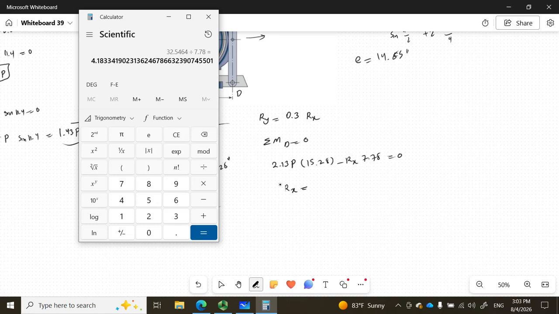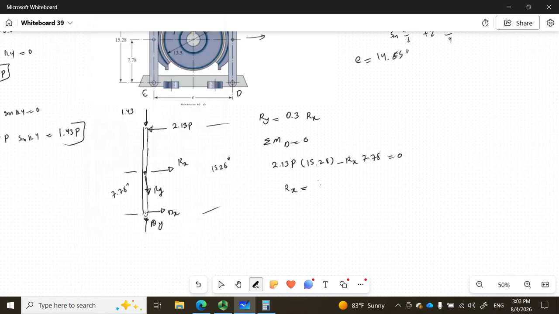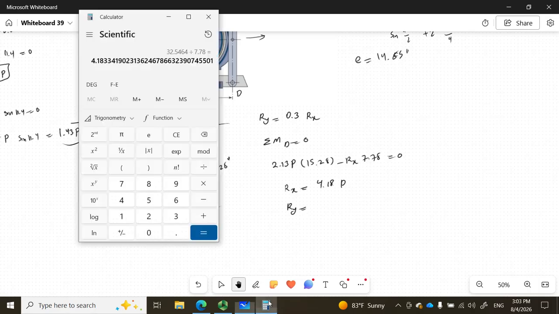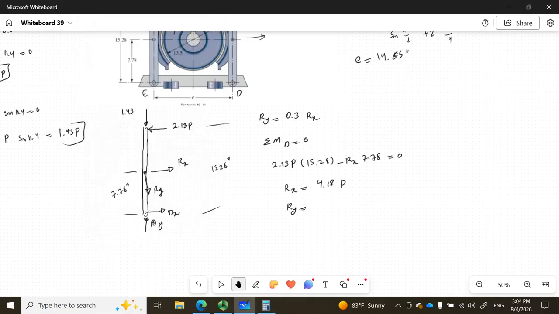Okay, Rx is 4.18 times P. Everything was in terms of P. Then Ry will be this guy times 0.3, so 1.25 of the P. Alright, so we found Rx and Ry.